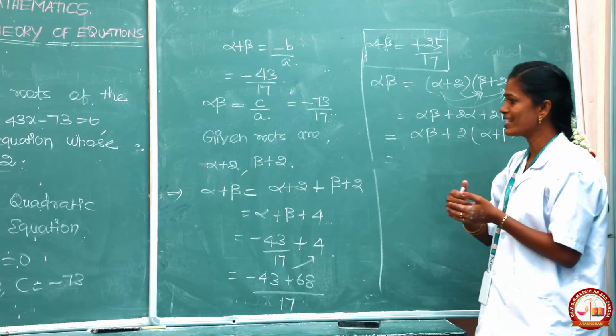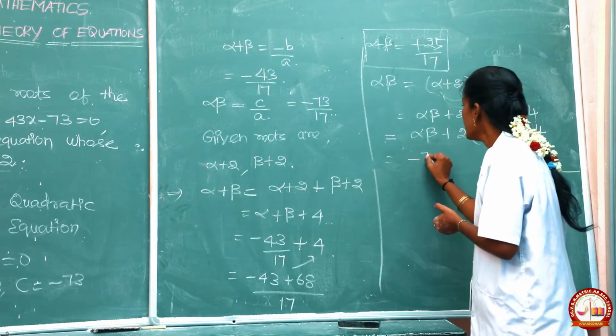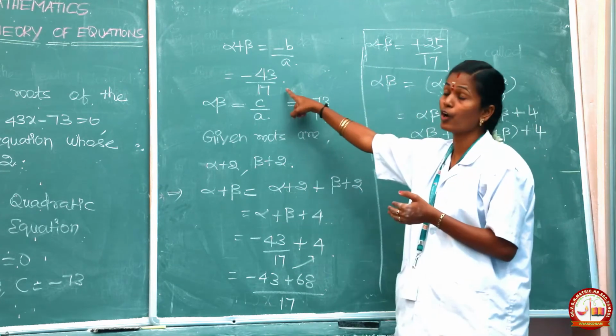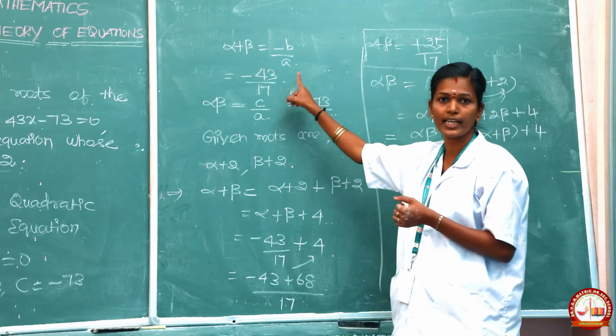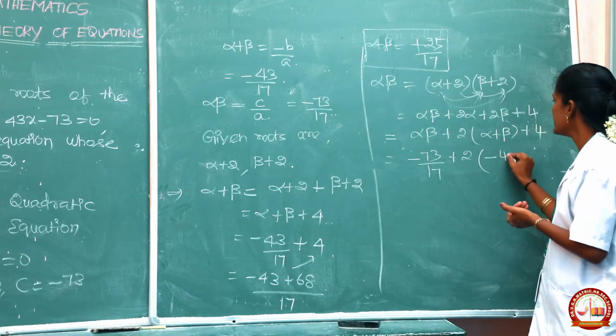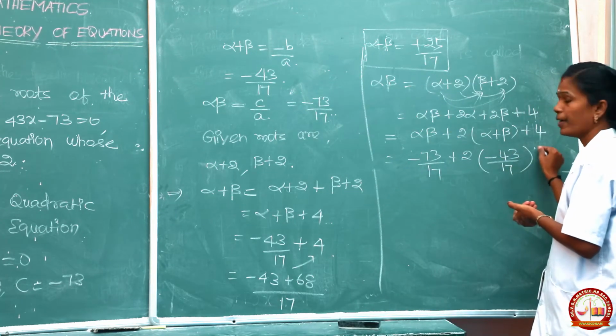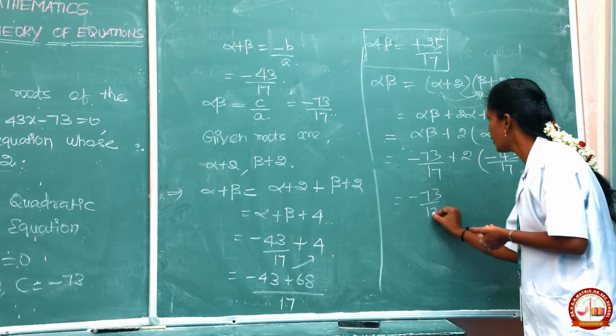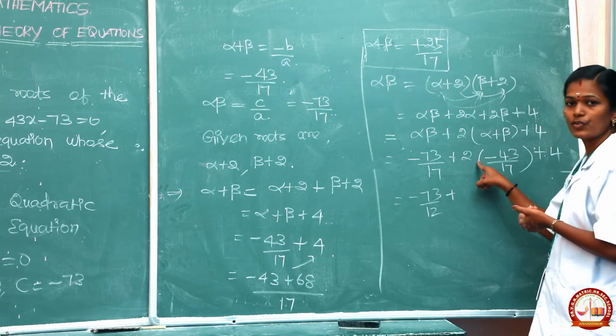So alpha beta we have to find out the value. Already we know the value for alpha beta: minus 73 by 17 plus 2 into the value for alpha plus beta, minus 43 by 17, plus 4. Multiply the 2 with this number. 2 3s are 6, 2 4s are 8.